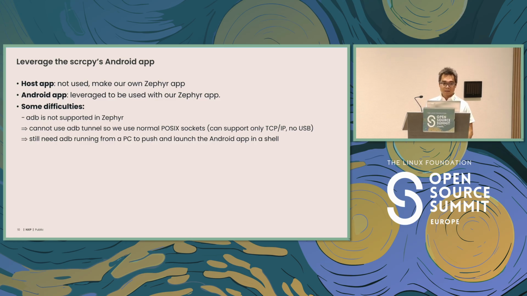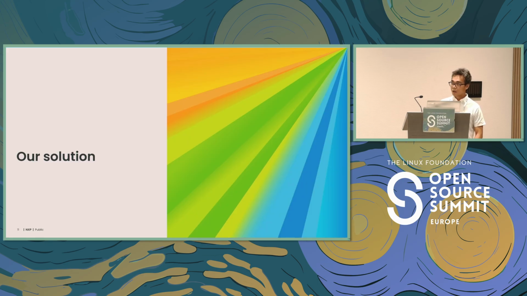So we cannot use the ADB tunnel, but we can use normal POSIX sockets and can support only TCP/IP, no USB. But we still need ADB running from a PC to push and launch the Android application in the shell. My colleague will talk in more detail about our solutions.